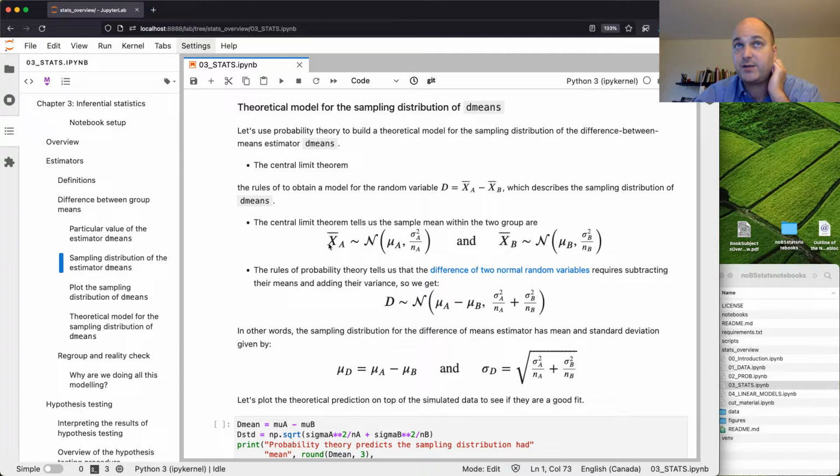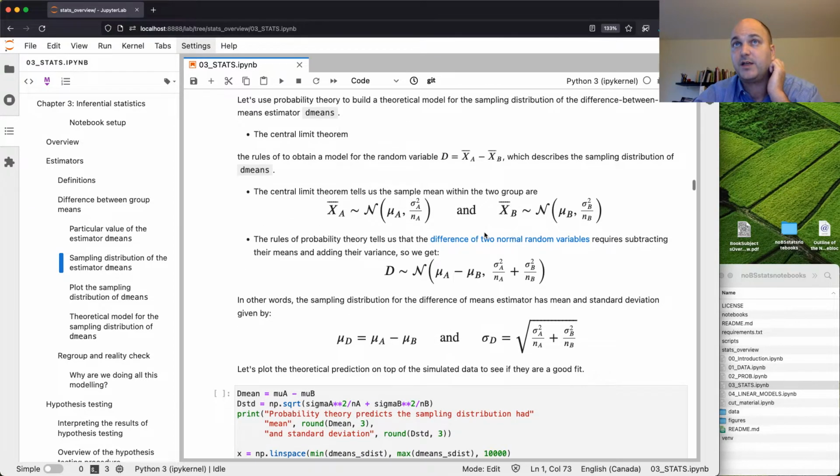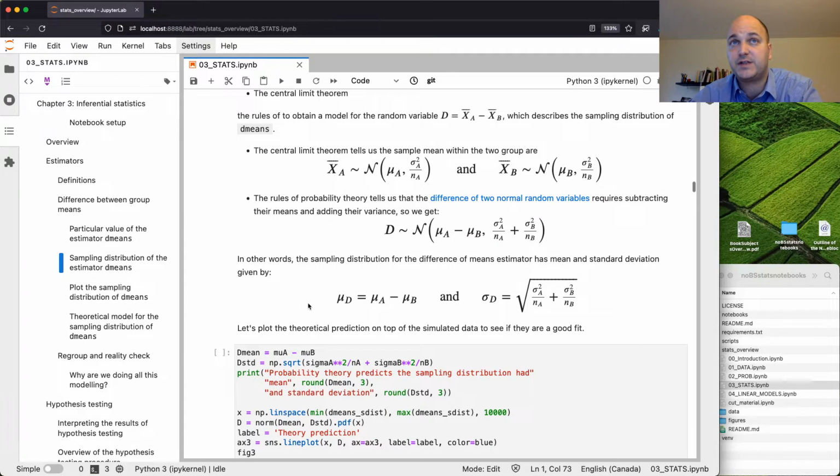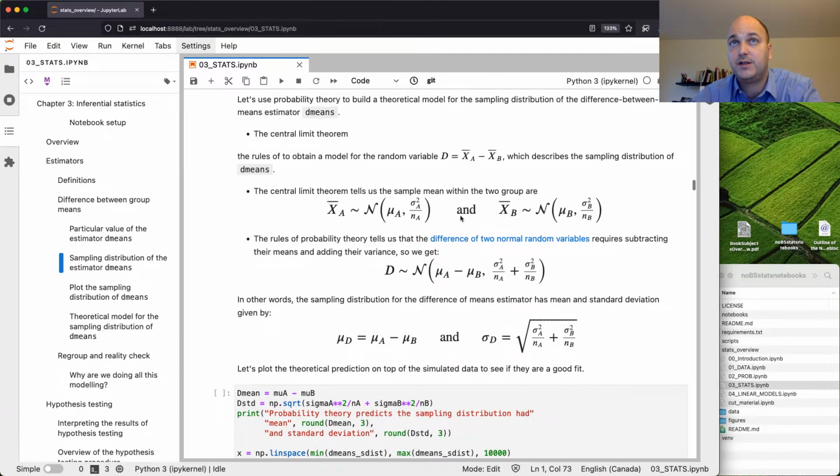And when we subtract the two, this random variable minus this random variable, there's another rule of probability theory that says that the means get subtracted and the variances get added. So in other words, probability theory tells us that the distribution of the difference between group means has mean equal to the difference between the two group population means, and standard deviation equal to the square root of the sum of the variances divided by the sample sizes.